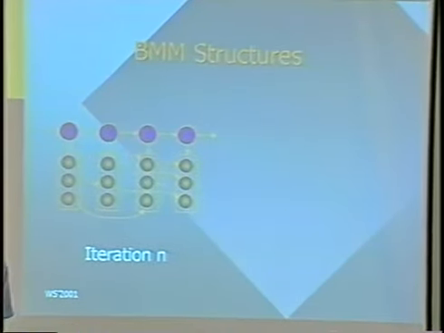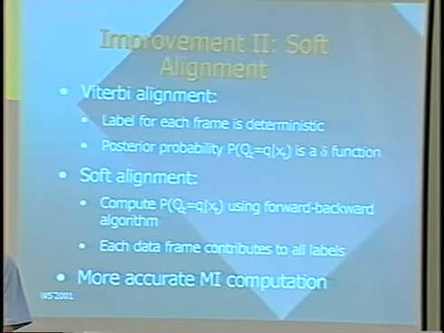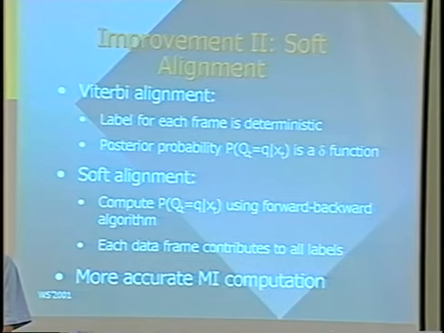The second possible improvement would be the soft alignment of the training data. In the Viterbi alignment, the label for each frame is deterministic, and the posterior probability of the label given the data is just a delta function.